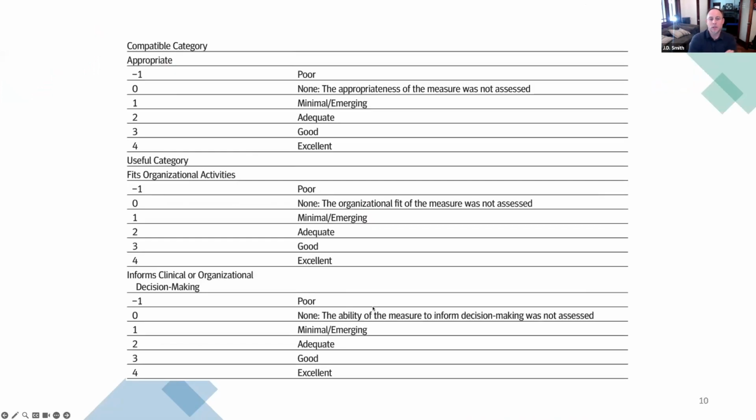For compatible, similarly, it was poor to excellent and actually all these are, but you can just see that the sort of anchor of none is really that this is not assessed, and that happened quite often, which is sort of a challenge when you're doing measures repositories and trying to do these ratings and comparisons is a lot of times there is no research to really inform some of the different features that are here.